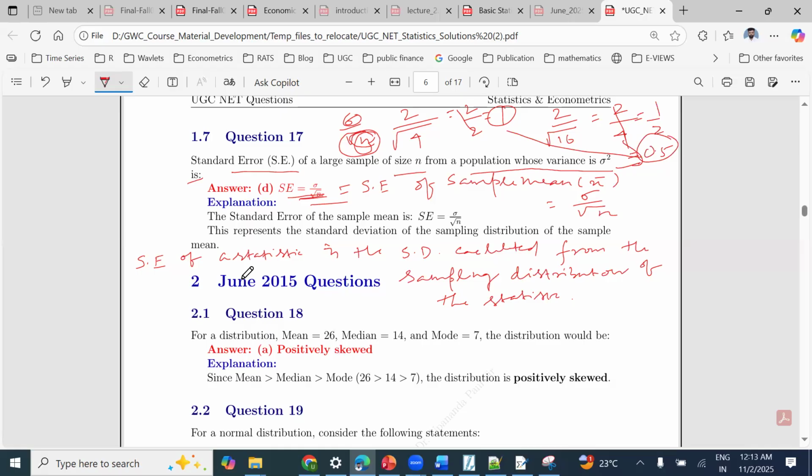Standard error is a very important statistic, not parameter. And it depends upon four important factors. First is sample size. Second is the nature of the statistic, meaning what you are calculating.